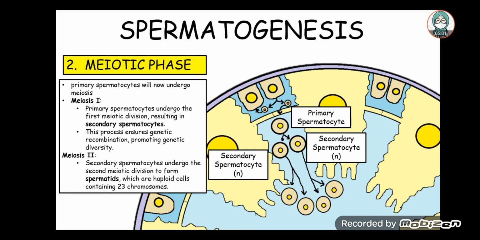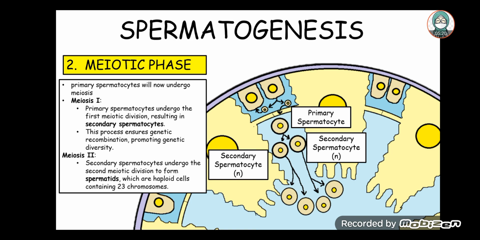Secondary spermatocytes undergo the second meiotic division to form spermatids, which are haploid cells containing 23 chromosomes. It is important that after meiosis 1, when a primary spermatocyte converts into two secondary spermatocytes, the number of chromosomes becomes n, or haploid.